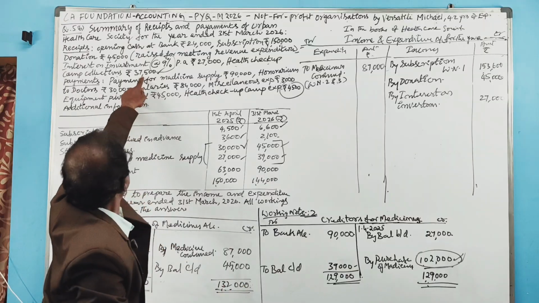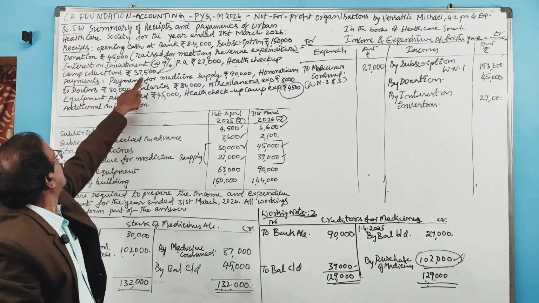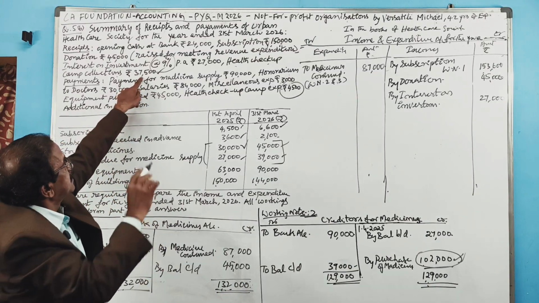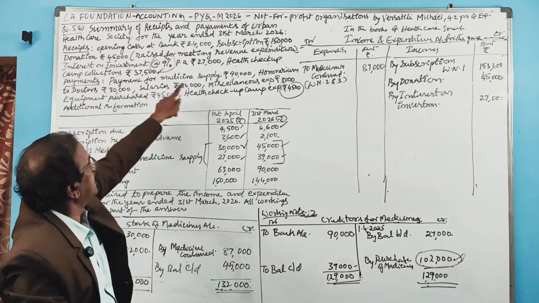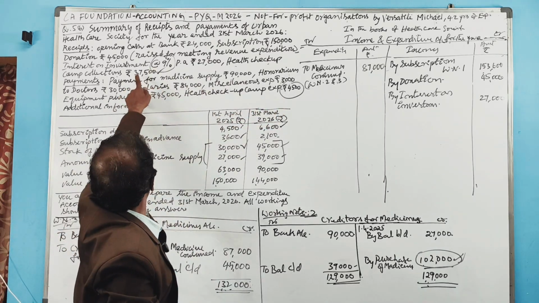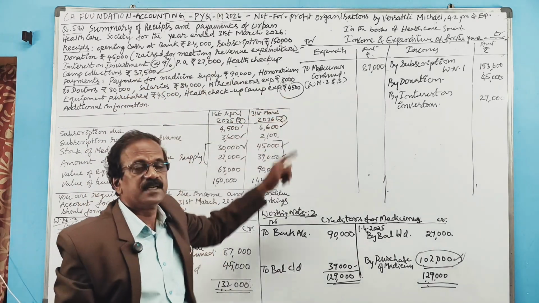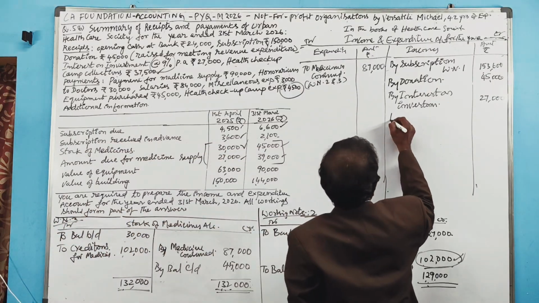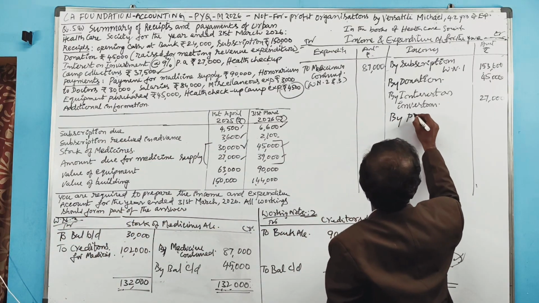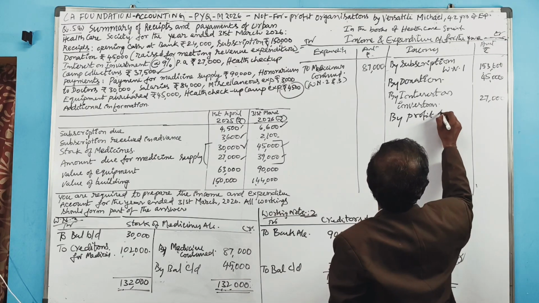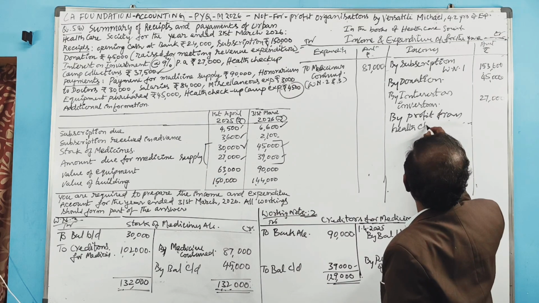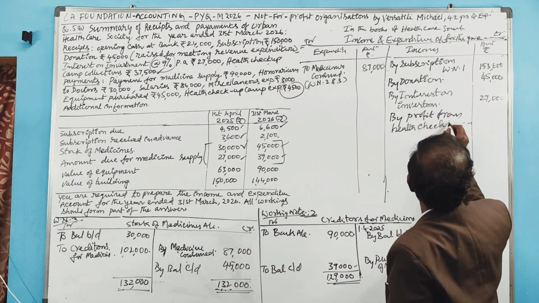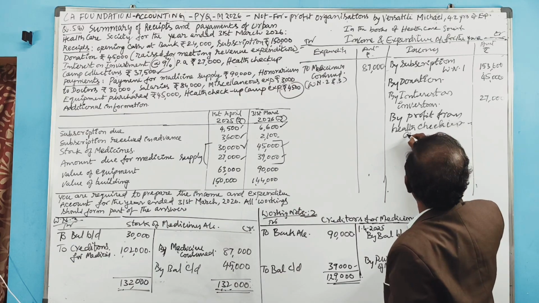This is income from specific event, that is the health checkup camp, and this is expenditure. The difference between this and this is taken as profit. Credit side. Profit means credit side. Profit from the checkup camp.